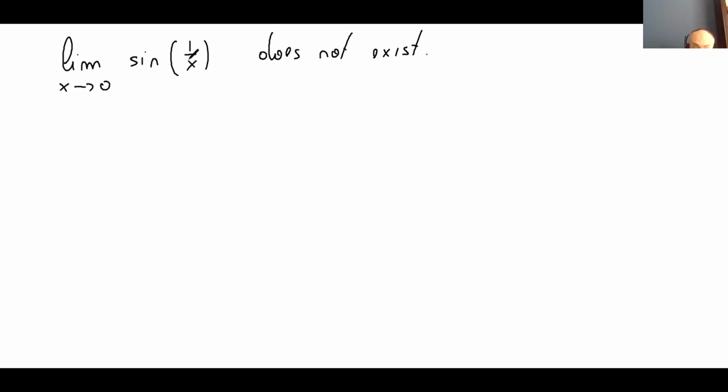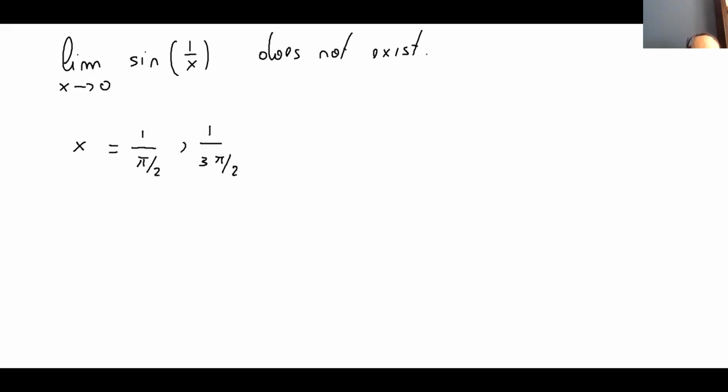The reason is, folks, if you give values of x equal to 1 over pi over 2, or 1 over 3 pi over 2. Remember that these are large numbers, the ones here, pi over 2, 3 pi over 2.